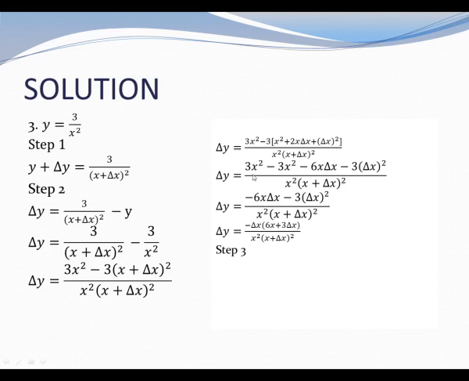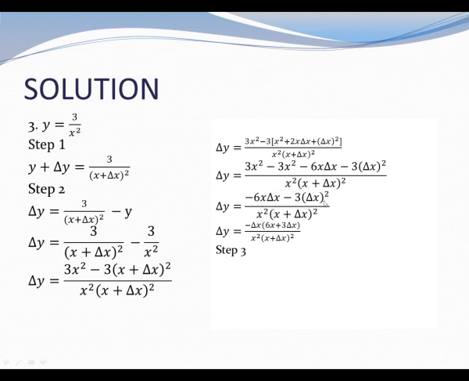Then we can combine similar terms: 3x squared minus 3x squared is 0. So remaining in the numerator is negative 6x delta x, negative 3 delta x squared, and the denominator is still x squared times the quantity of x plus delta x, squared.